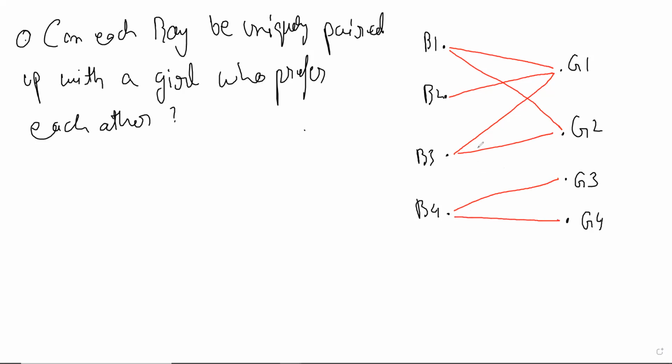Let's see. Is it possible in this situation to pair up each boy with each girl? So remember again, the condition is that boy one can only be paired up with girl one and girl two and nothing else. These are the only possibilities for him. And so on. So will such a pairing be possible in this case?